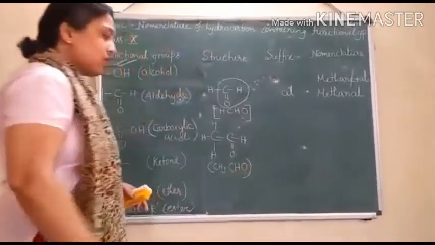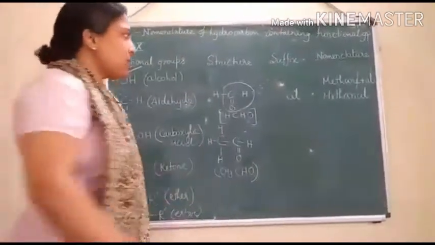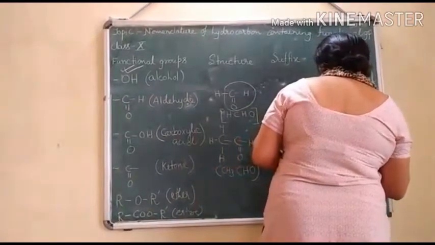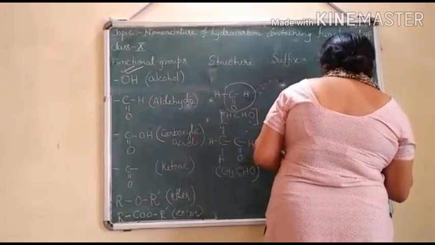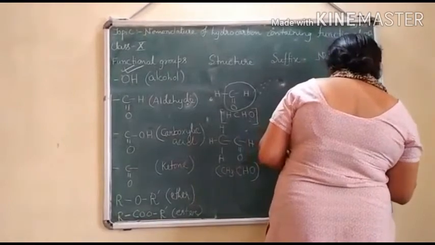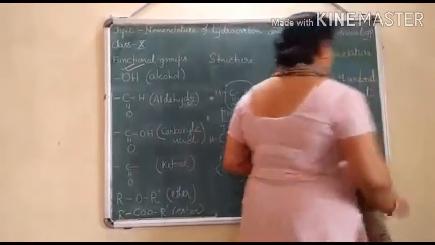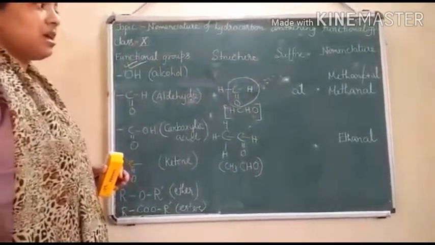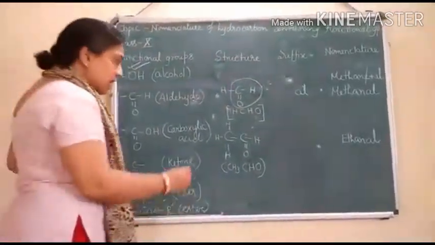CH3CHO. As it is 2 carbon, the name will be ethanal. Same way, ethane plus al, so it is ethanal. E-T-H-A-N-E, E will be omitted, and al.